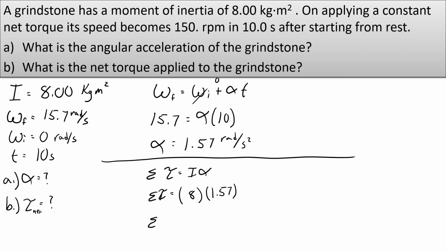So you get a net torque of about 12.566, so we'll round it to 12.6. What are the units for torque? That's going to be a Newton meter. Okay, so in this situation, they were nice. They gave you the magnitude of the moment of inertia, but sometimes you'll have to calculate it.